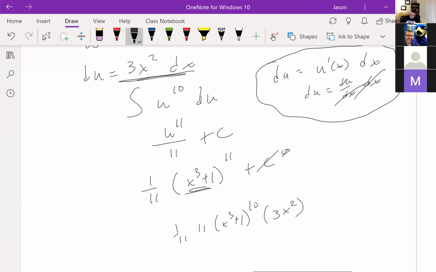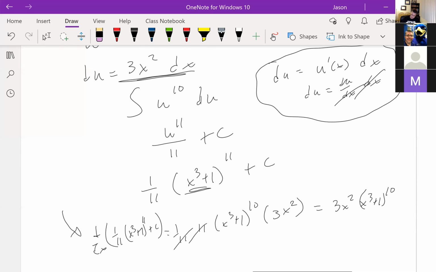The 11s would cancel, and I would be left with my original x cubed plus 1 to the 10th power, right? So if I took the derivative of this thing, d dx of 1/11 x cubed plus 1 to the 11th plus c, it would be equal to that. But the result that I'm looking for is just the integral.